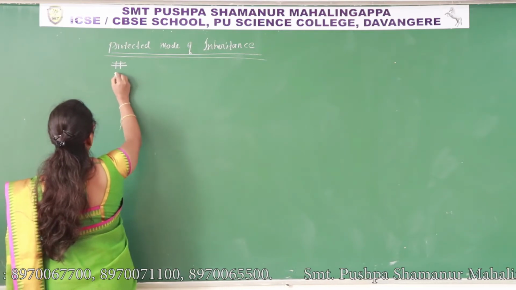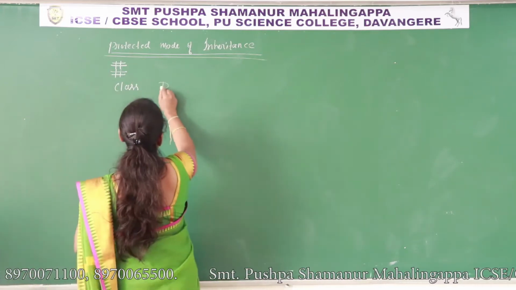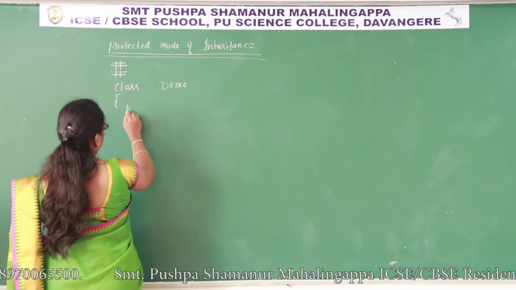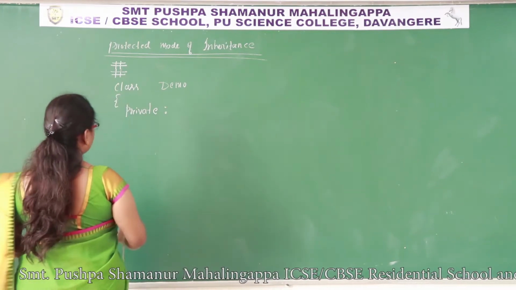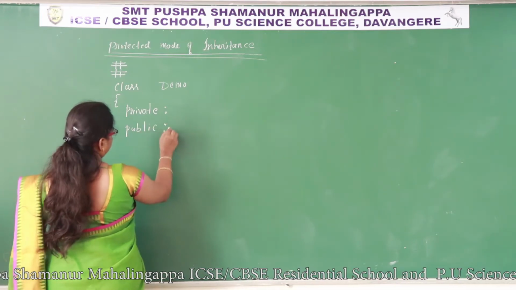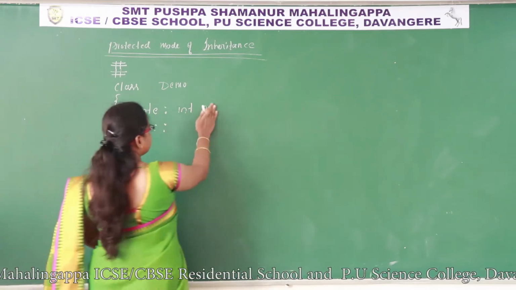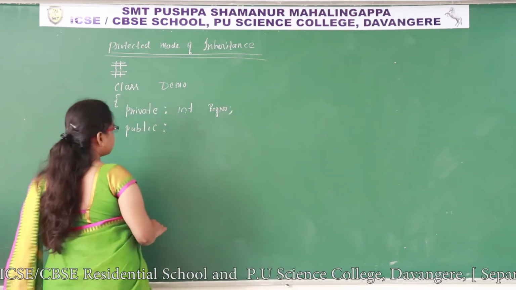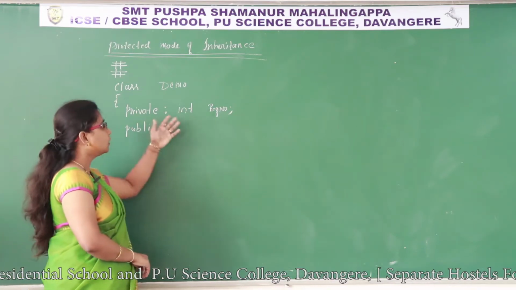#include <iostream.h>, #include <conio.h>, class demo. Now I'll take private members and public members here. int regno, the register number, in the private section, and in the public section I'll take member functions.